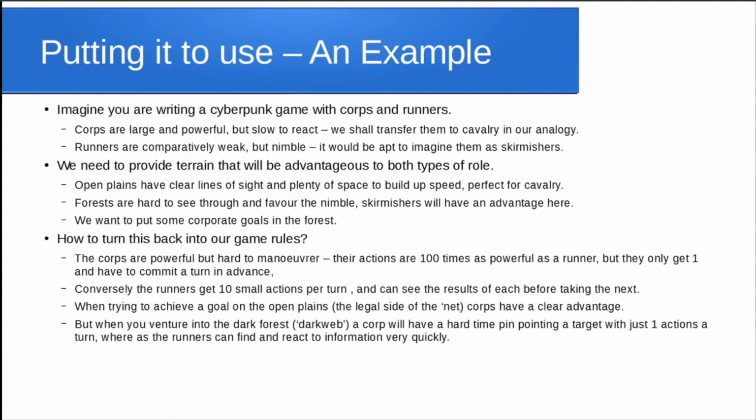One way we can do that is say, well, we need some terrain that's going to be advantageous and disadvantageous to the different types of role we've got in our game. There's no point in putting in something that you would represent as a sea, because neither of them gets any benefit or penalty from the sea compared to any other.